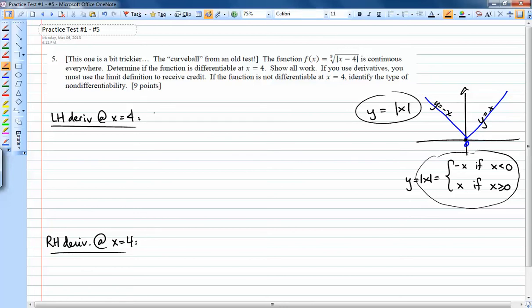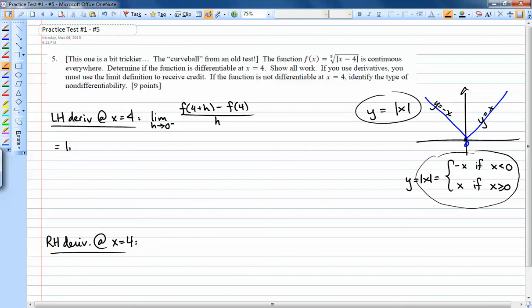So instead, we use the limit as h goes to 0, but negative h, because that forces us on the left side, of f of 4 plus h, minus f of 4, all over h. So, let's start working this out.